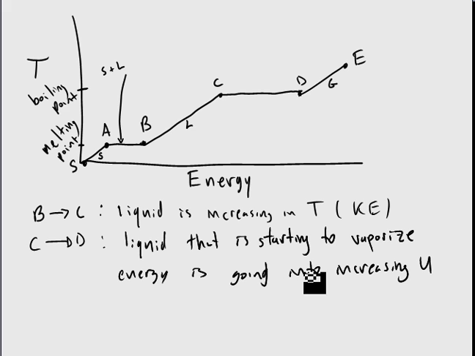And then when you get to D, all the liquid has boiled off into gas, and now you're left with gas. So then from D to E, you have your gas, and you're just adding energy, and it's adding to the kinetic energy. And so it's just increasing in temperature.